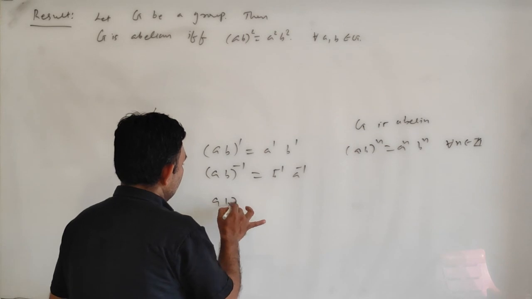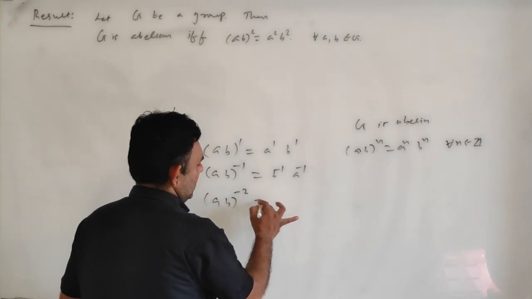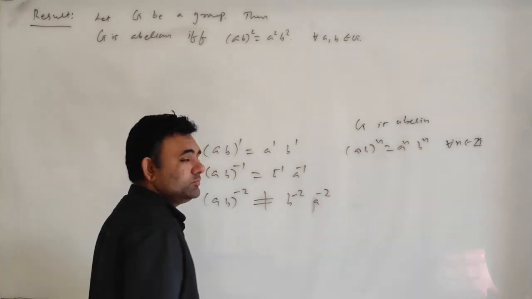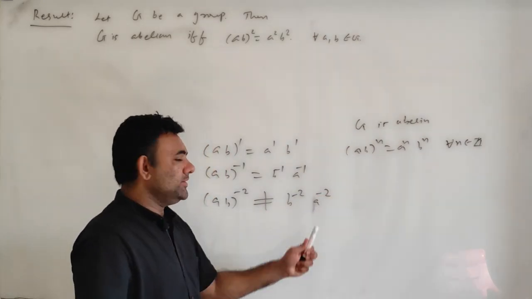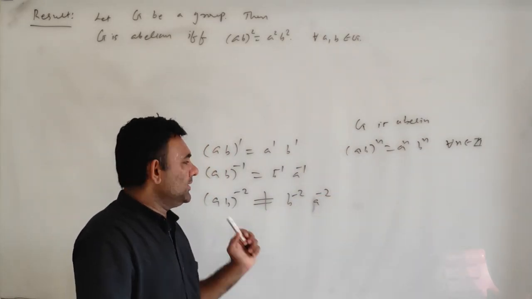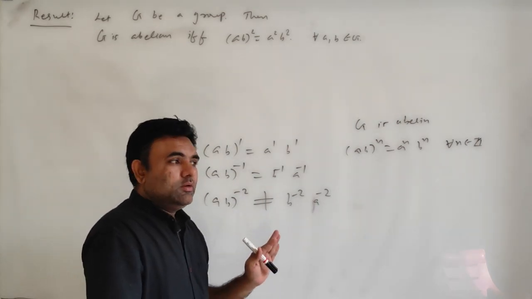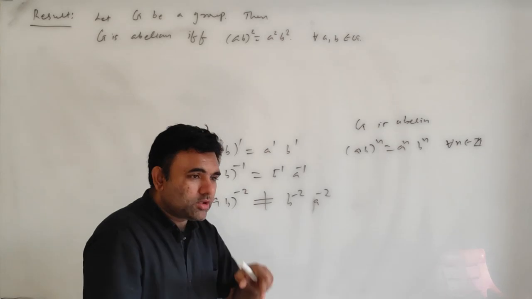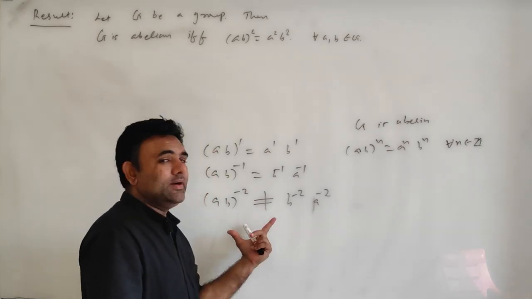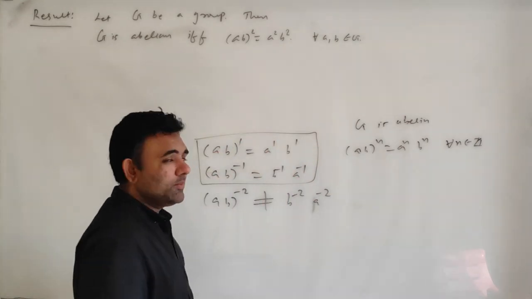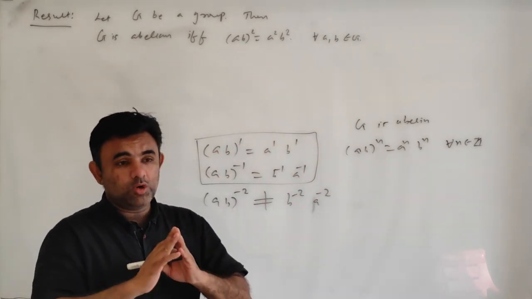Suppose I have (AB) raised to minus 2, then it is not B raised to minus 2, A raised to minus 2. I can't write this. If G is abelian, then it is fine. But if G is not abelian, or A and B do not commute, then I can't write this. I have information about these two only, the 1 power and the minus 1 power, not for other powers.